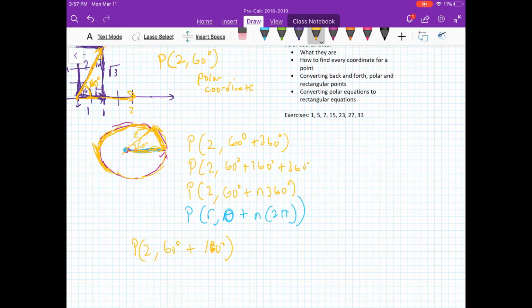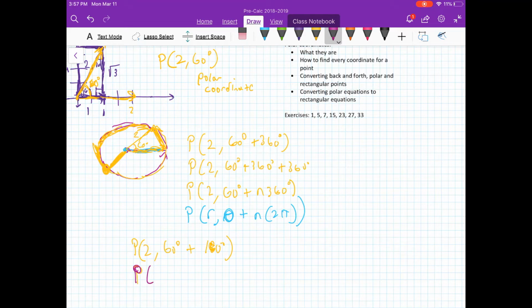So I'd end up at this point right here, which is exactly the opposite of what I want. But what if I wanted to go 60 plus 180 degrees, and then I wanted to go negative 2? Let's do this in a different color for simplicity.